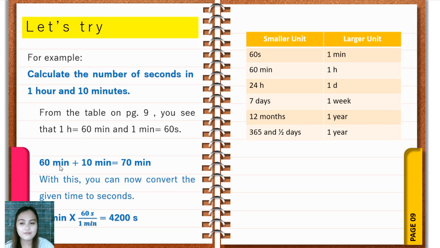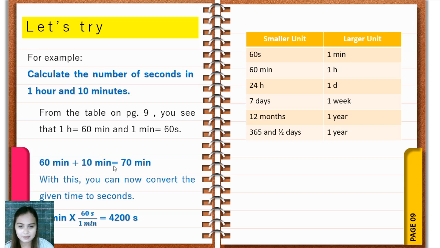So we have 60 minutes because 60 minutes is equal to 1 hour, plus the 10 minutes given in the problem.